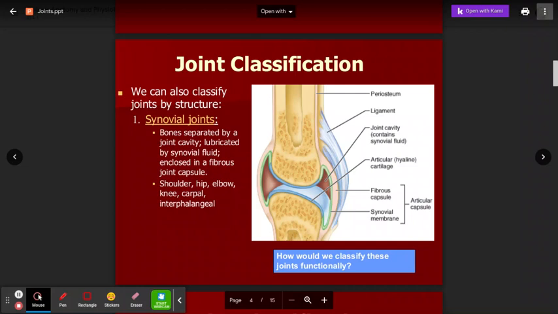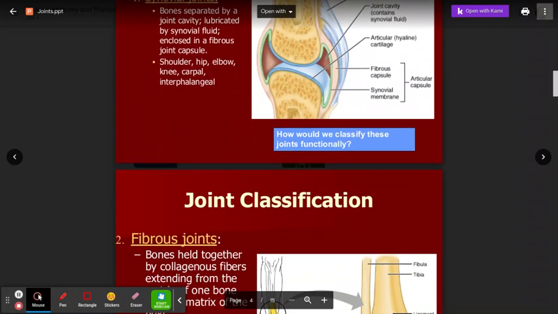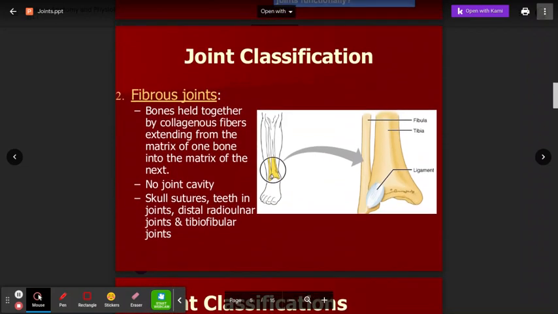Okay, a fibrous joint. Fibrous joints are bones held together by collagenous fibers made from collagen, right? Extending from the matrix of one bone into the matrix of the next. Think about how complex your whole ankle area is. There is no joint cavity here. Skull sutures, teeth in the sockets.